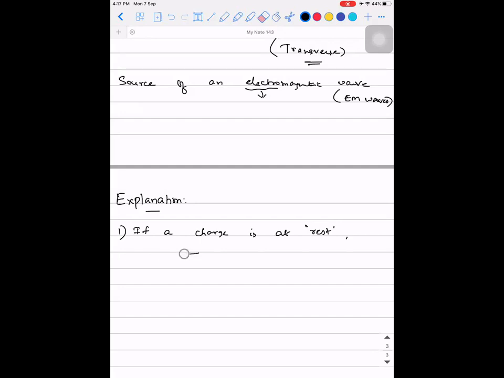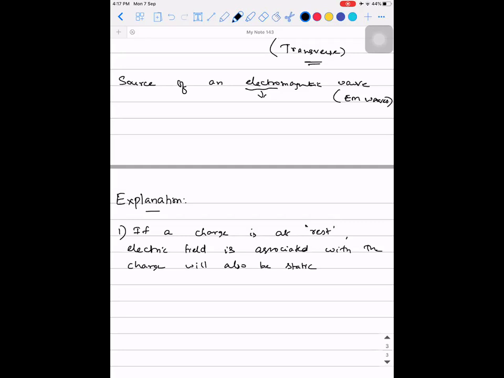Electric field. Yes, you know the answer already. So electric field is associated with the charge, and will also be static. So can I call it a static electric field?